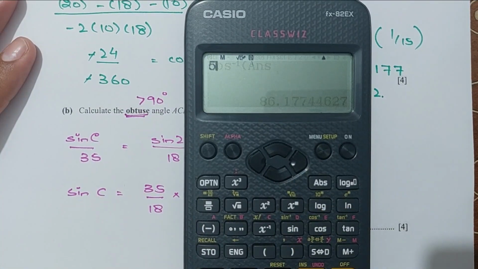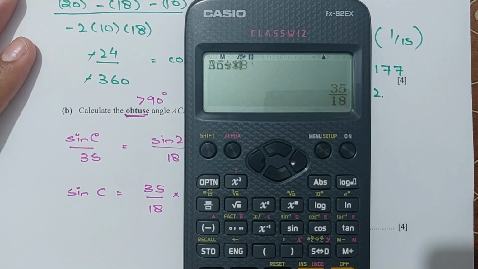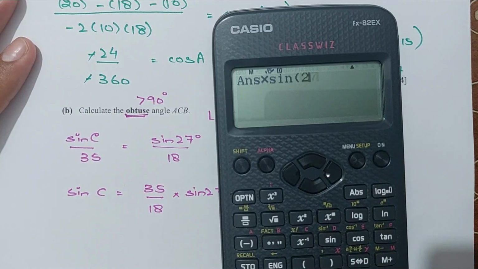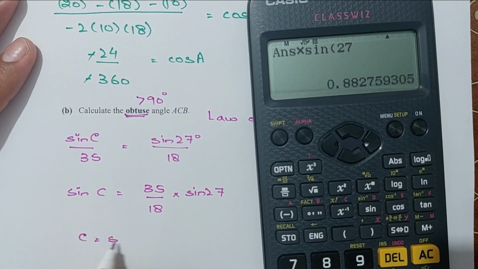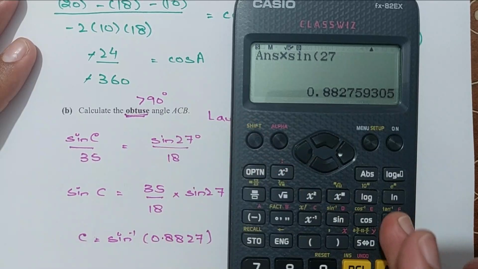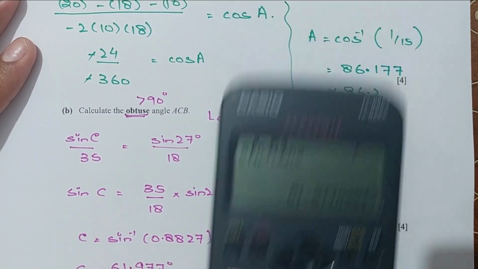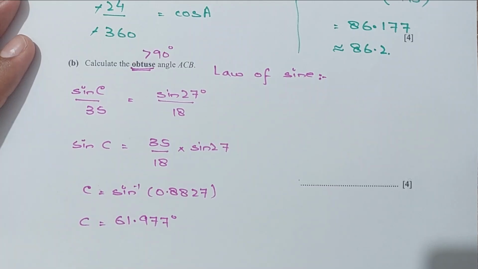Keep in mind this is in degrees. If it is in radians, you will not get the exact answer. So C would be sine inverse of 0.8827. Let's do sine inverse of the answer. C is 61.977 degrees.